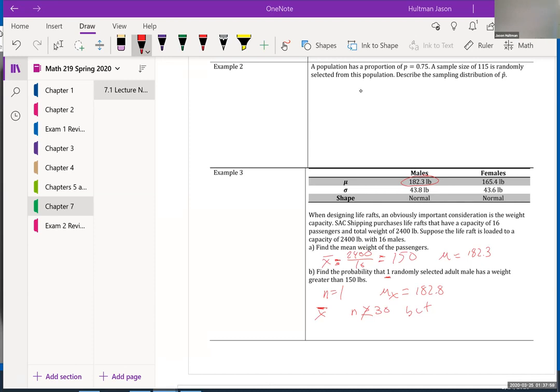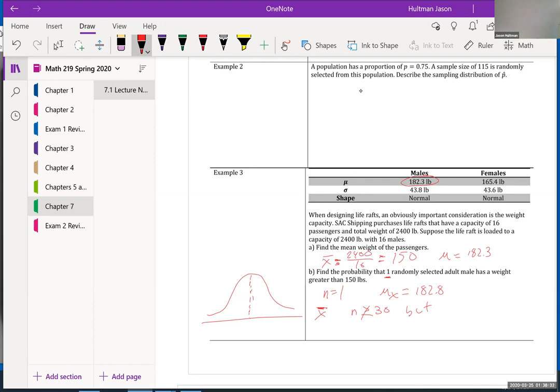The mean weight of the passengers, of these passengers. So the mean of the entire distribution should be the same as the mean of the entire population.